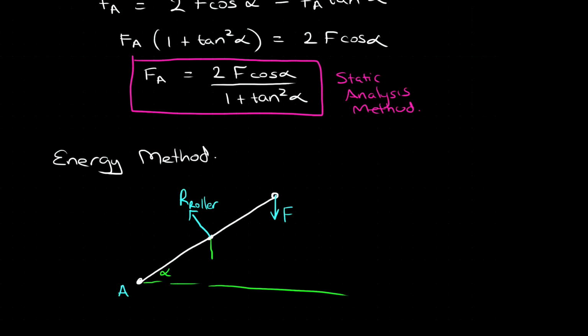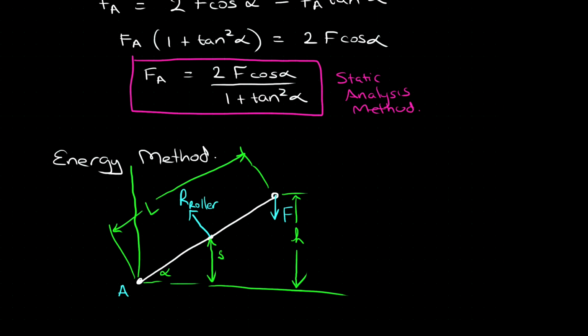We also worked out what S was equal to, and we can work out what this height H is equal to. So if we remember back, we had L being the length of the link, and the distance to where the roller applied its force being L on 2.